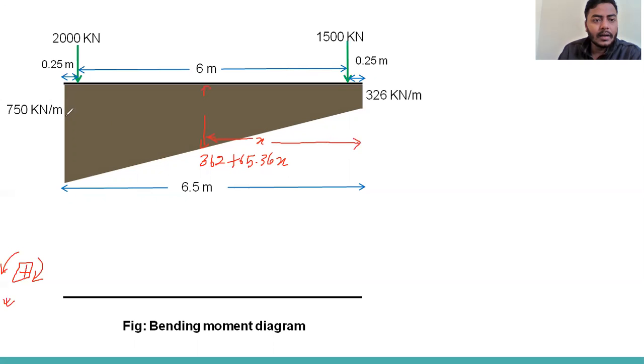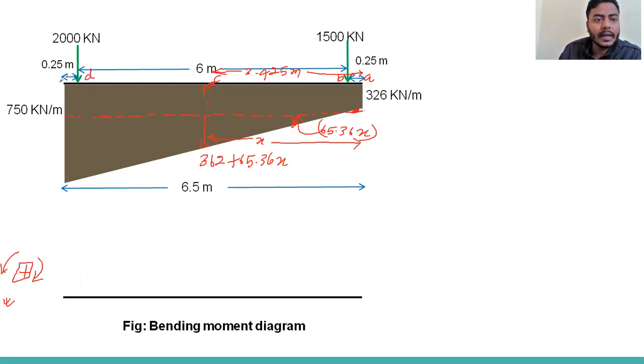Okay, here also you can divide this horizontal line. So at every point the extra will come, that is 65.36x, right? Again locate some points A, B here, and the point C. Now we know where is the point C, that is 3.25 meter from the left, right?